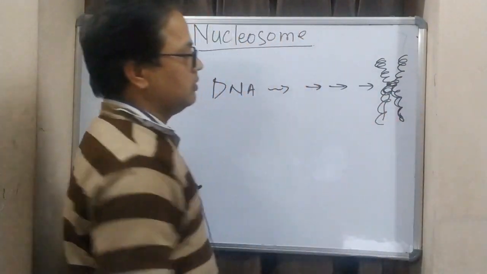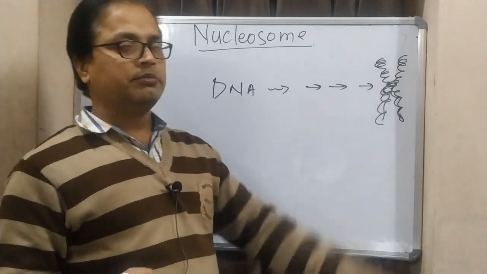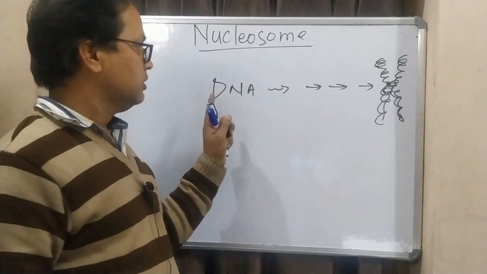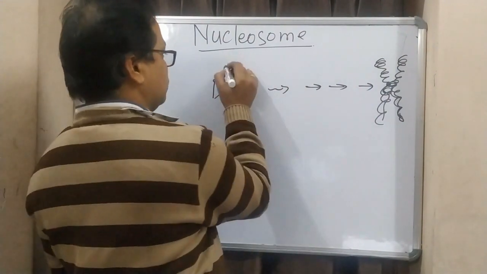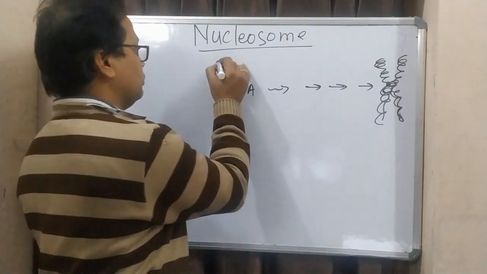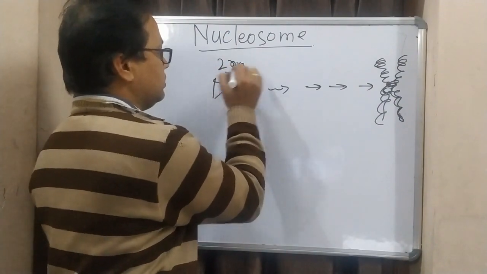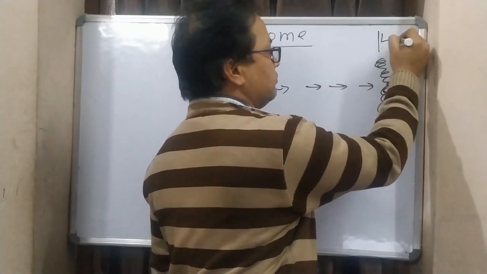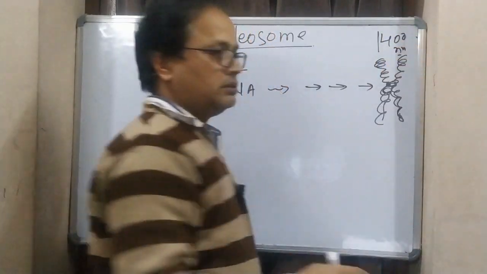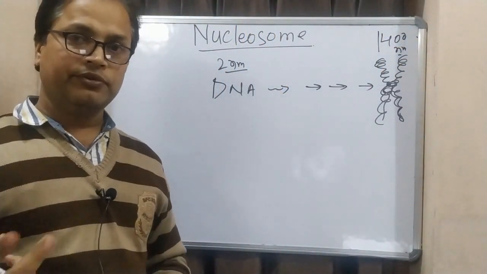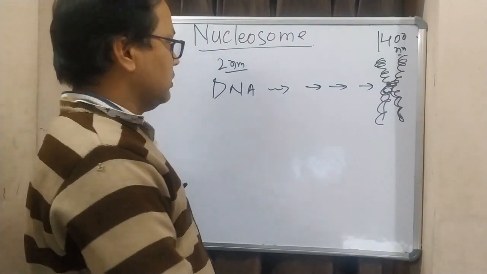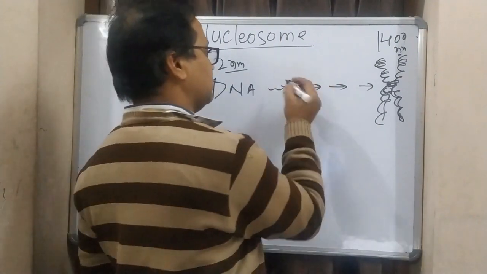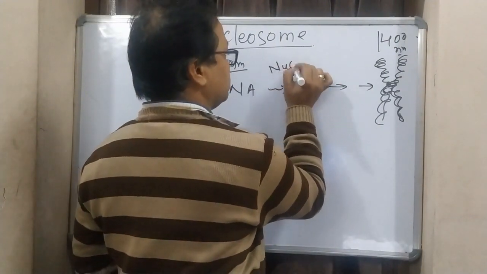First we have DNA, whose diameter is 2 nanometer. Through different forms of arrangement, this 2 nanometer DNA gives us roughly 1400 nanometer thick structure. In this sequence of arrangement, one of the intermediates is the nucleosome.